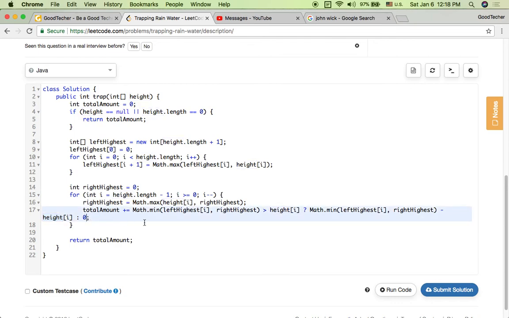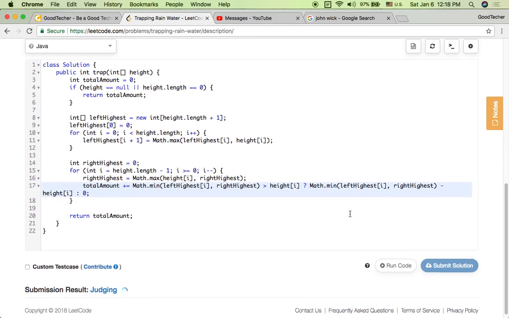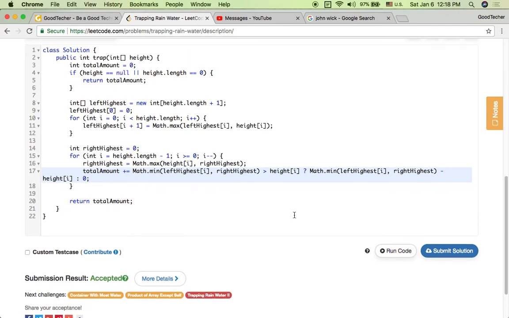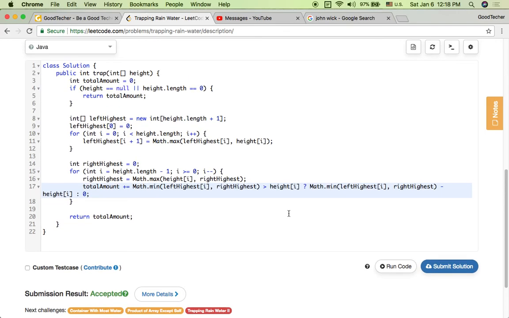Otherwise, it's just 0 units of water it can hold. Okay, let's click the submit button. Okay, accepted. Cool. So we successfully get the right solution for this coding problem.